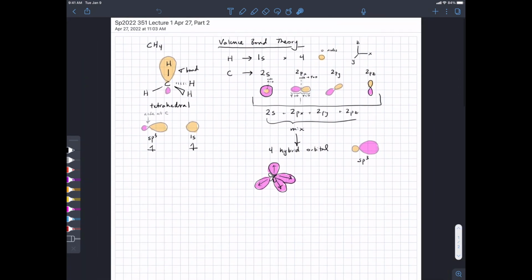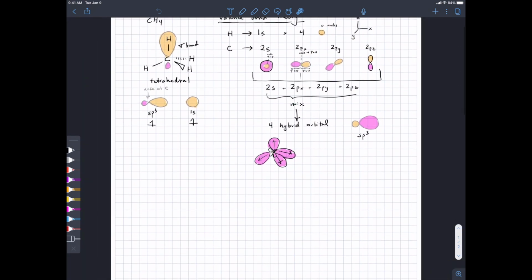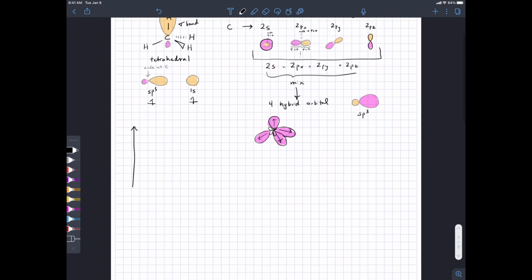This would lead you to the conclusion that if you could measure the energy of the orbitals in methane, you would have 4 identical sigma bonding orbitals, each of them from one of the sp3 orbitals on carbon with a 1s orbital on hydrogen, to have 4 equal in energy sigma bonds.